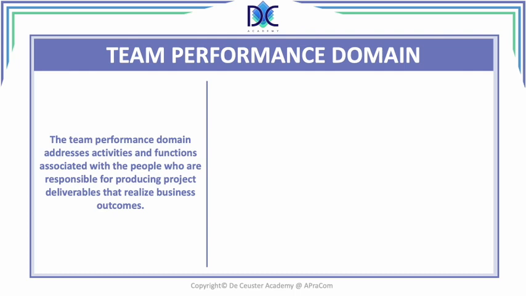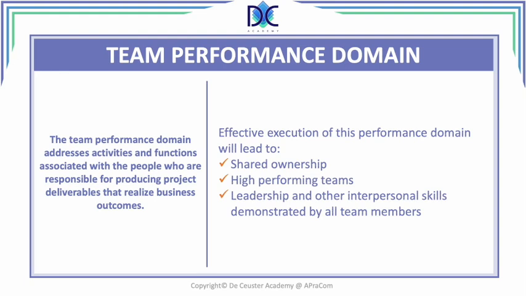Now, when we look at the team, we look at activities and functions that are associated with the people who are responsible for producing the project deliverables and realize the business outcomes. In order to verify that we have an effective execution of this performance domain, we have to verify that we realized a shared ownership, that we create high performance teams, and that the team is demonstrating leadership and other interpersonal skills.